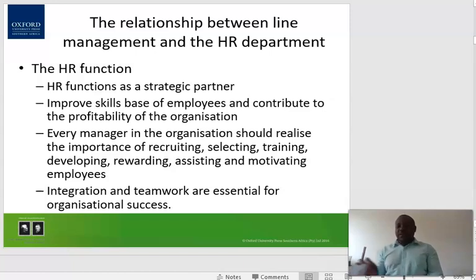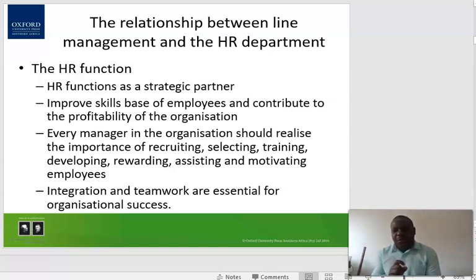Maybe before we proceed, it's important to look at what one of the renowned HR practitioners, Jeffrey Pfeffer, once said. What actually separates successful organizations from those that are not successful, or what gives some organizations a competitive advantage over their competitors, is how they treat their human capital, how they treat their human resource planning.